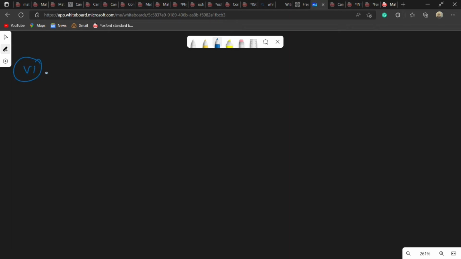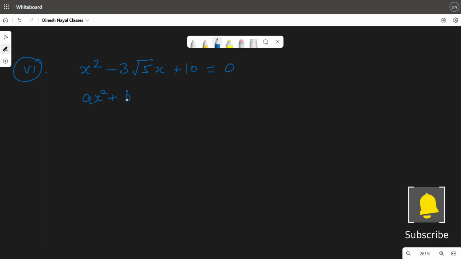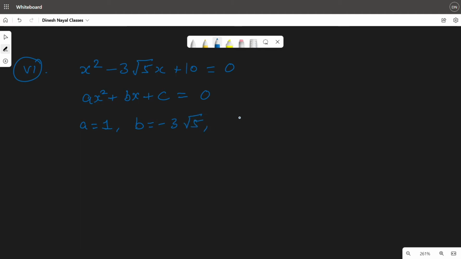On comparing it with the quadratic equation ax square plus bx plus c equals 0, we have a as 1, b as minus 3 root 5, and c as 10.